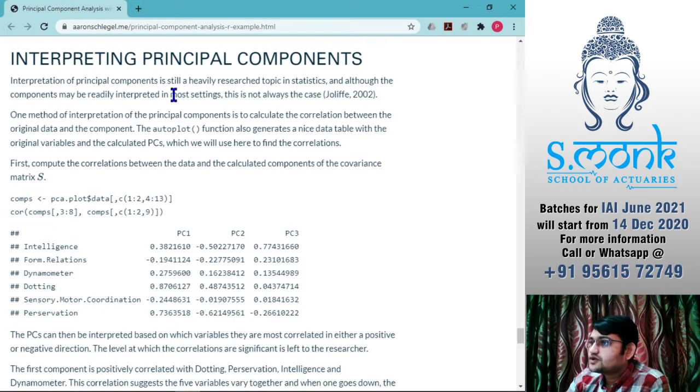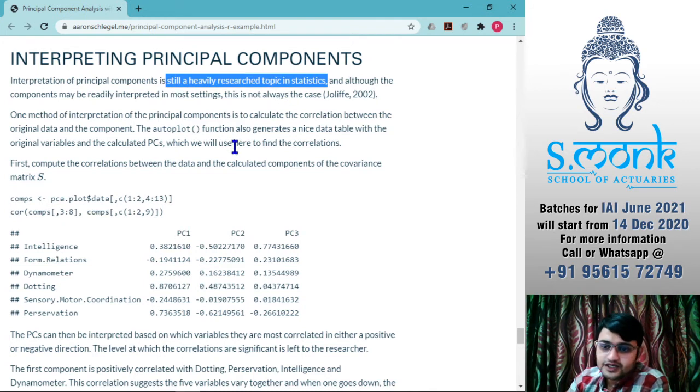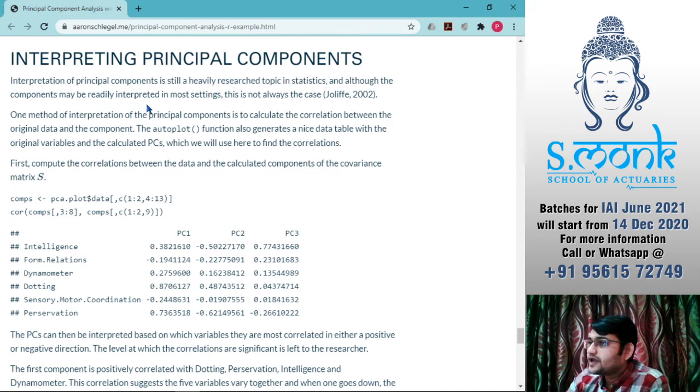Interpreting principal components. Now, interpretation of principal components is still a heavy research topic in statistics. This is the biggest problem whenever we are talking about principal components, because it can talk about a lot of different things. Although the components may be readily interpreted in most settings, this is not always the case.